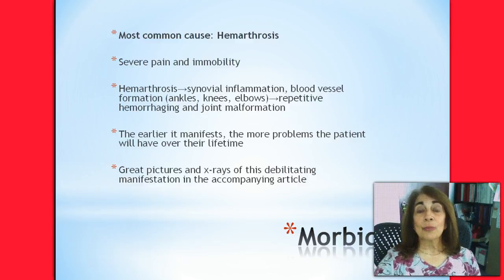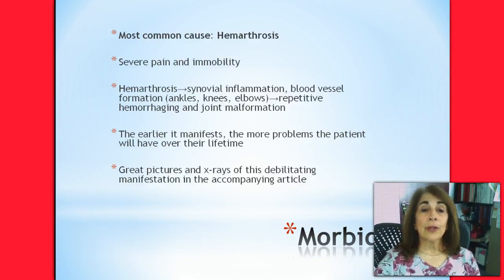This causes repetitive hemorrhaging and joint malformation. If they've got extra blood vessels in there, and there's irritation and swelling from the bleeding and the hemorrhaging into the joint, you're going to have more hemorrhaging and more malformation.